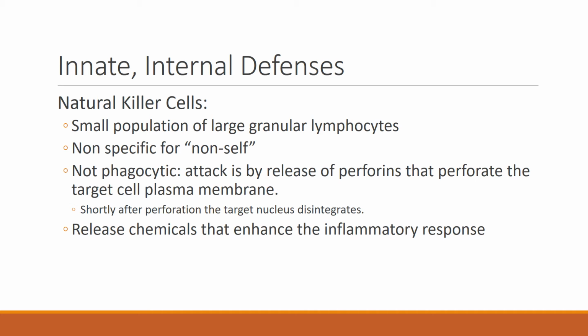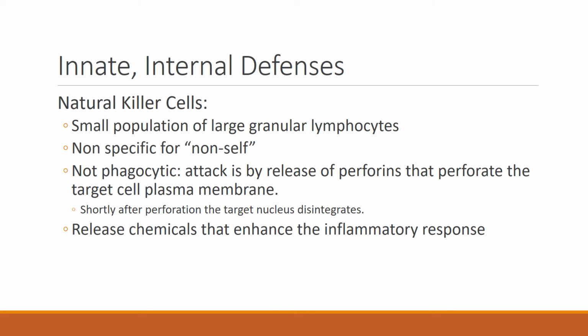These are not phagocytic, so they must come in contact with their victim cells, and what they do is release different types of proteins called interferons that perforate the target cell plasma membrane. They're also able to induce apoptotic enzymes, which are called caspases, and that triggers the death of those foreign cells.